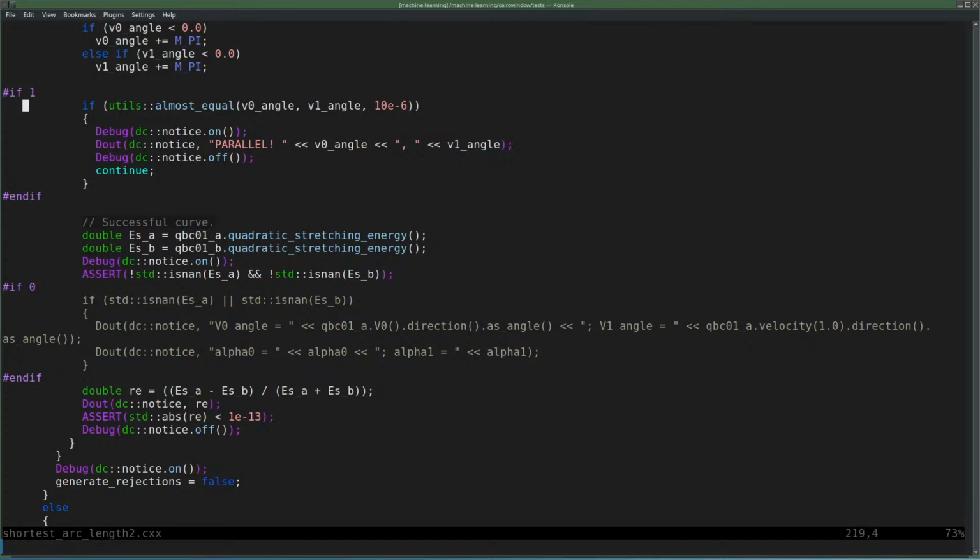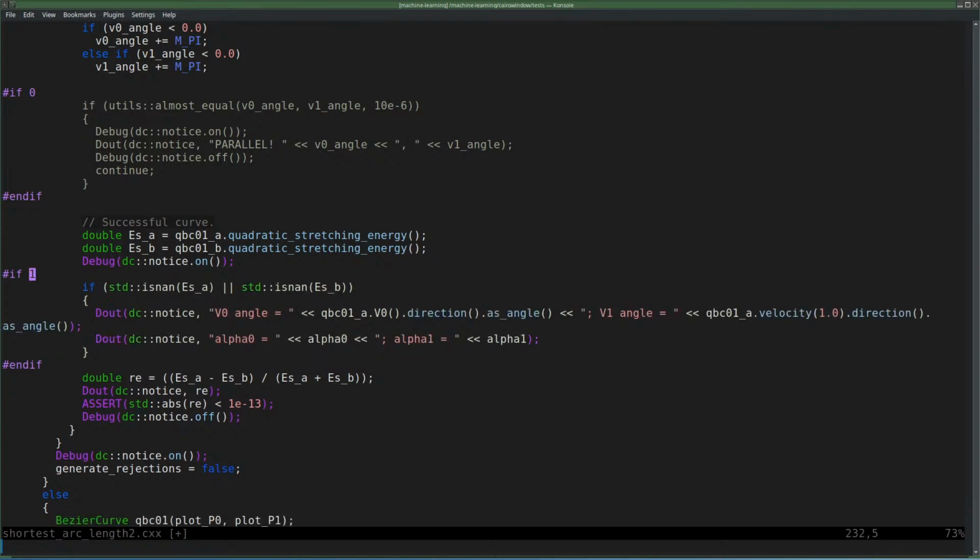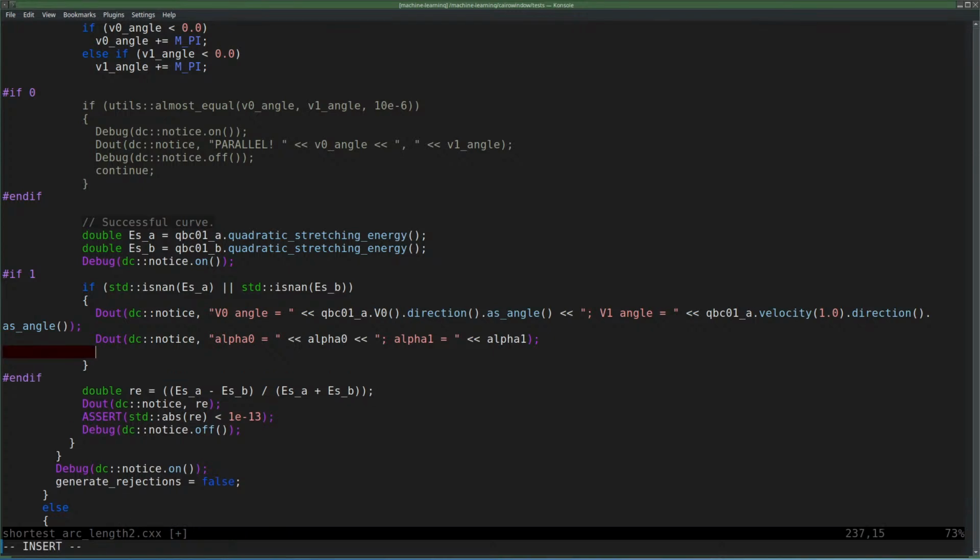And if we don't do this, then we have NaNs sometimes. But yeah, it just happens. It just happens when they're parallel. Nothing we can do about that. Can do a continue here. Maybe.